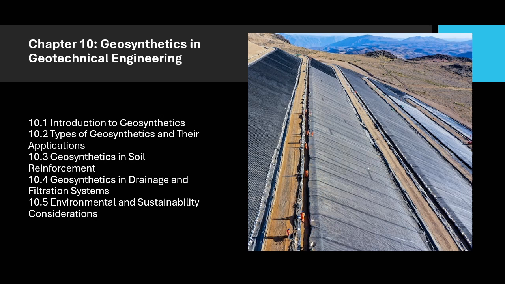10.2.6 Geotubes. Description: Geotubes are large, tubular containers made from geotextile fabrics used to contain, dewater, and stabilize slurries and sediments. The fabric allows water to pass through while retaining solid particles.